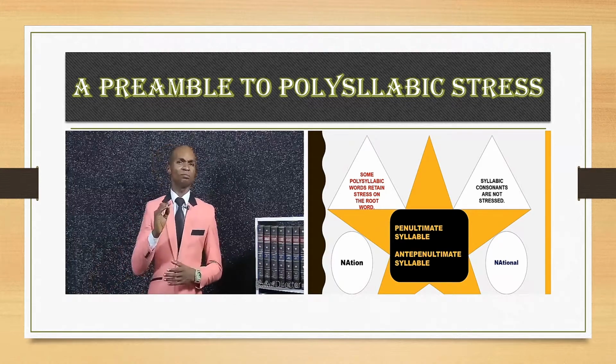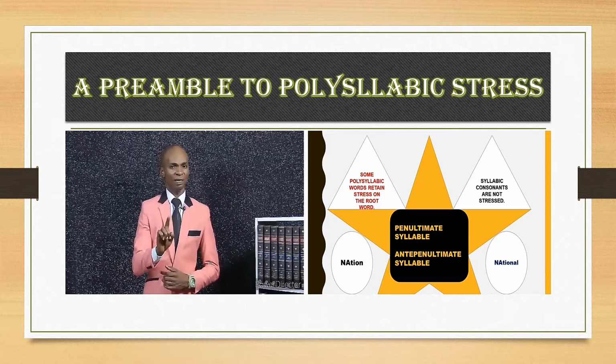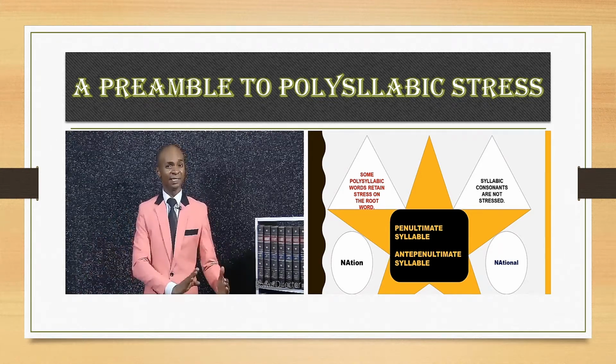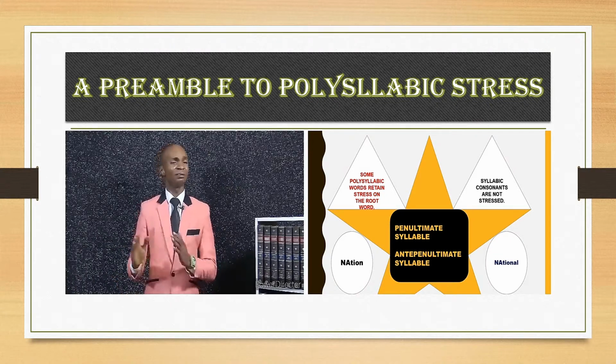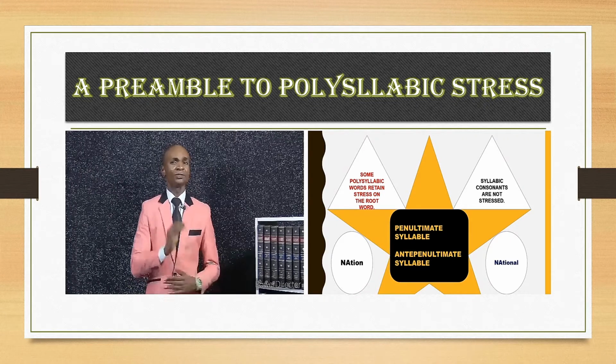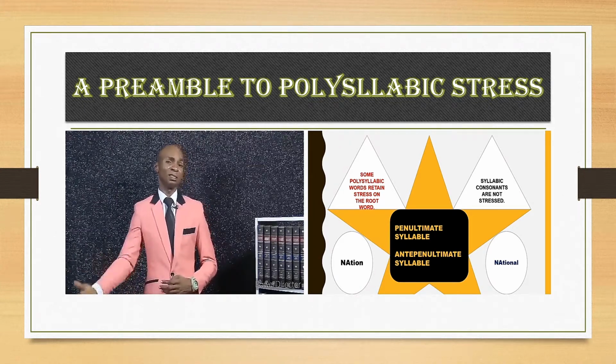I want us to deal with two terms before we proceed. Penultimate syllable, that means the second syllable from the end. Antepenultimate syllable, that means the third syllable from the end. So when I tell you that a particular word is stressed on the penultimate syllable, I am telling you that it is stressed on the syllable before the last syllable.